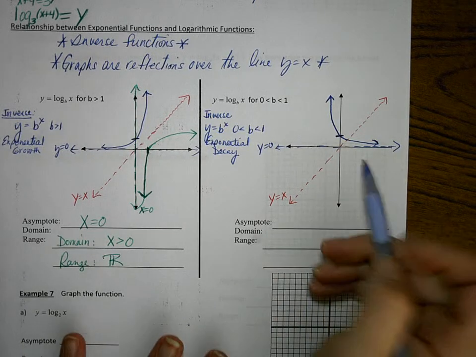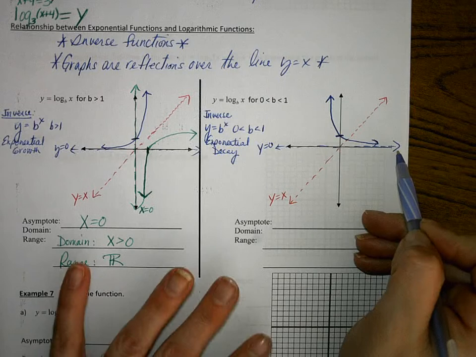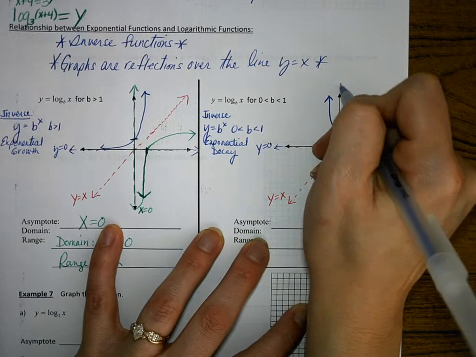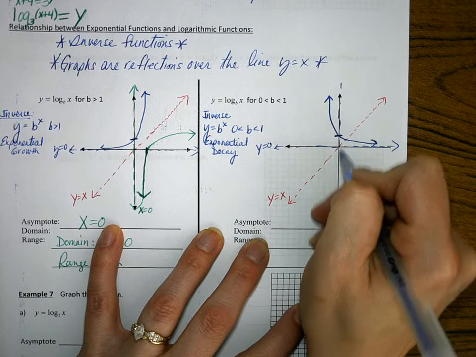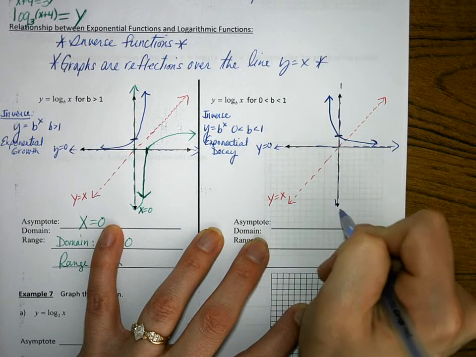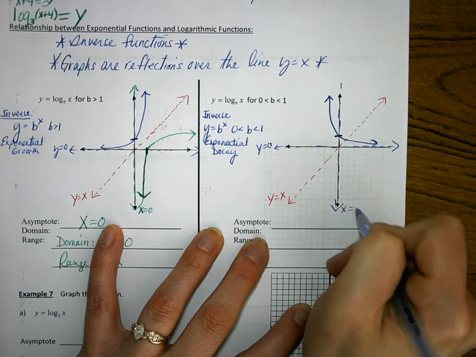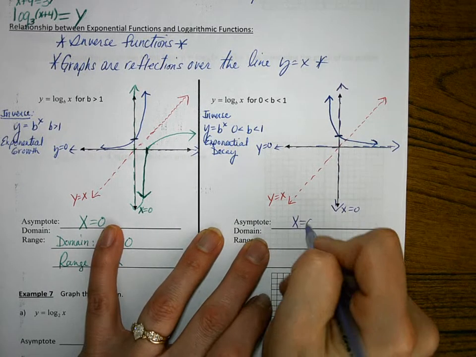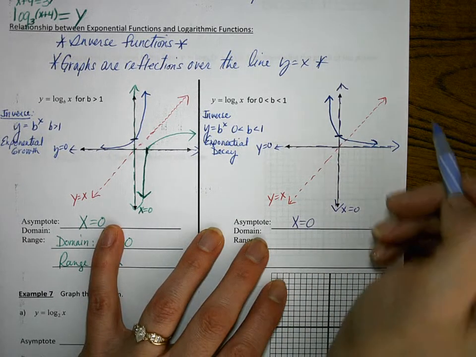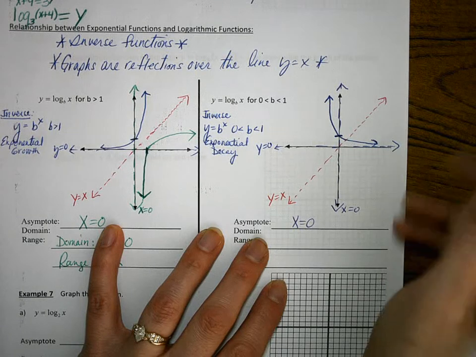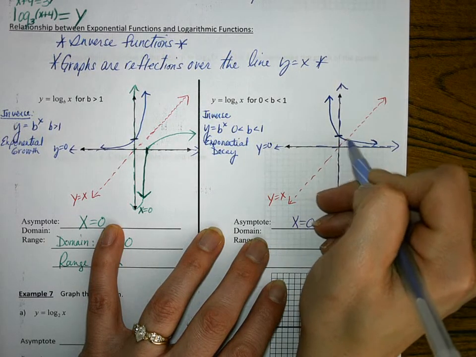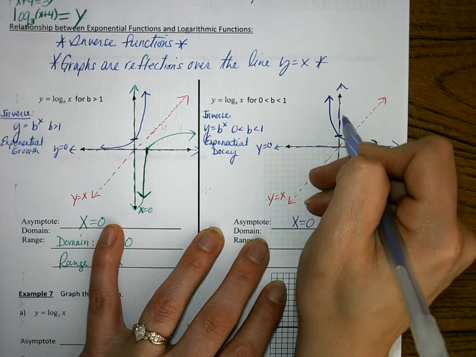Beautiful. My asymptote was y equals 0, the x-axis, so my asymptote is now going to be x equal to 0 on the y-axis. All right, so my asymptote is x equal to 0. Then it's a reflection. So these get a little bit tricky to draw. If I am going here, that means I'm going here.